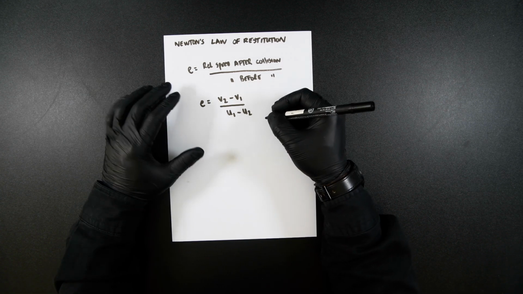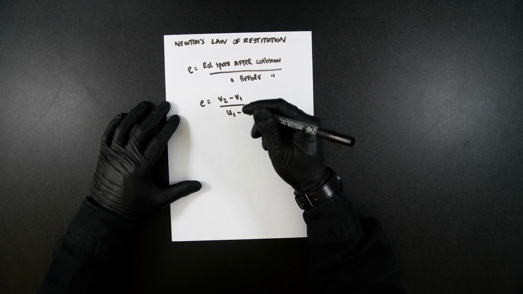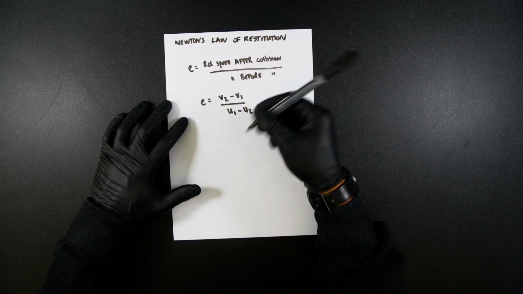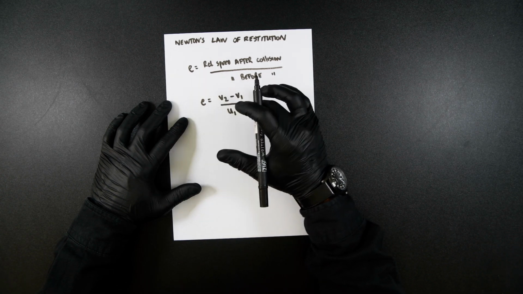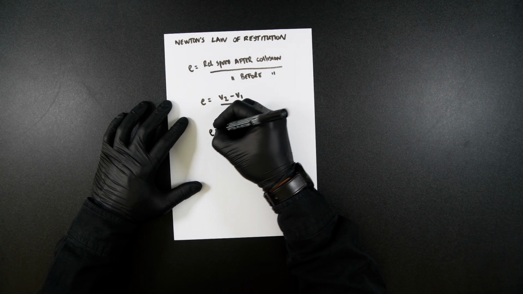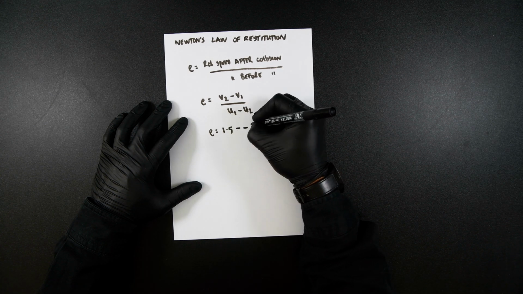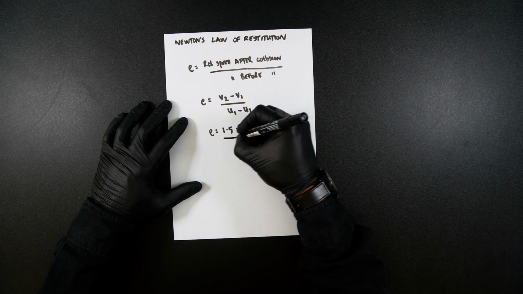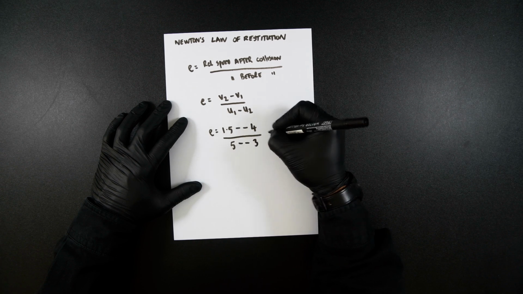So let's say, in my other example, there's a video I did that I uploaded yesterday about this. I had two particles and the answer was 1.5 minus 4.5 and minus 3. So let's plug those in. So we'll have E equals 1.5 minus 4 divided by 5 minus 3.